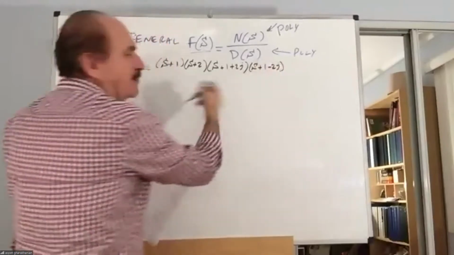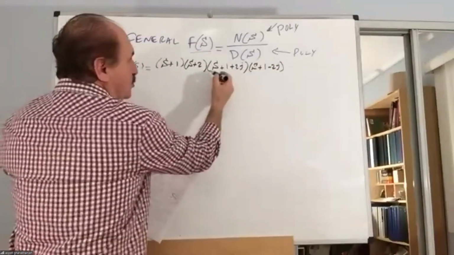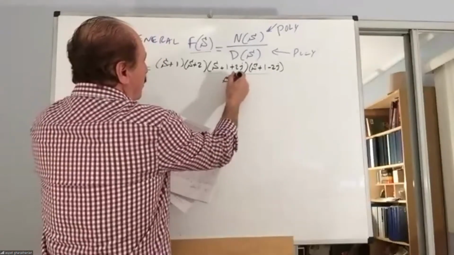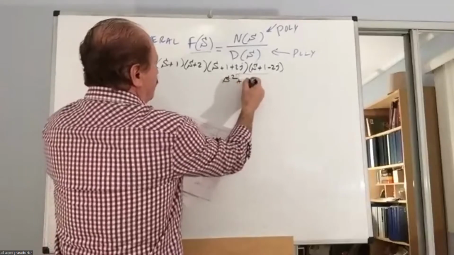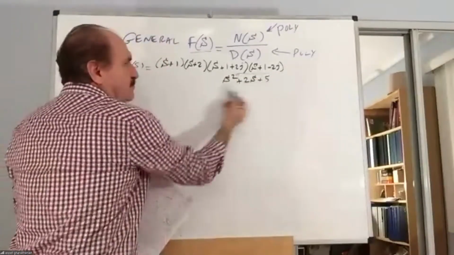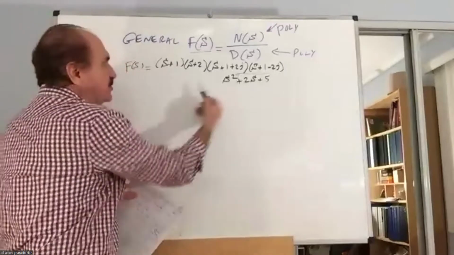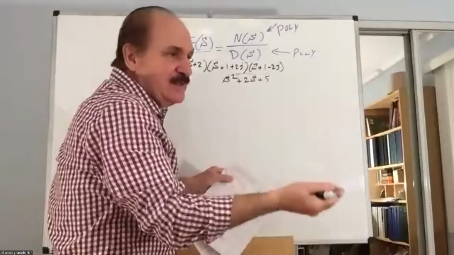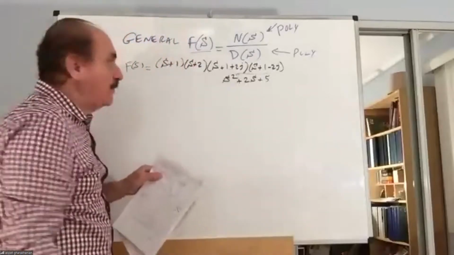They always appear in conjugates, which means they were the outcome of a second order like s squared plus 2s plus 5. Here, you can't break it into two real numbers. The delta under the radical is negative, so it results in complex roots.